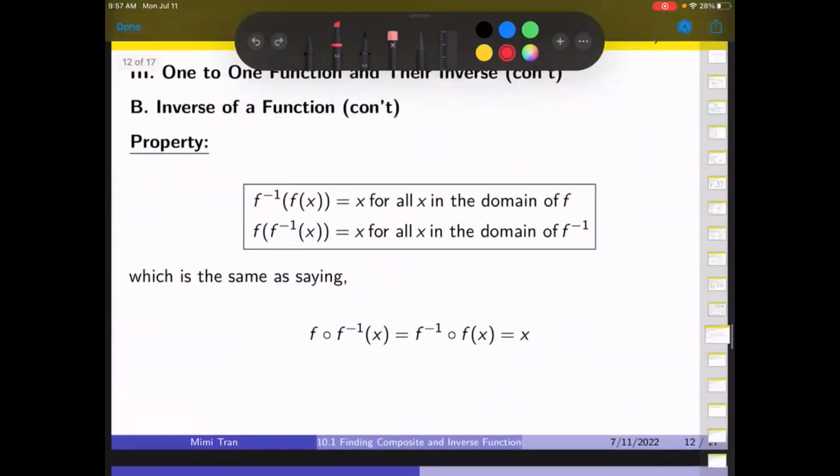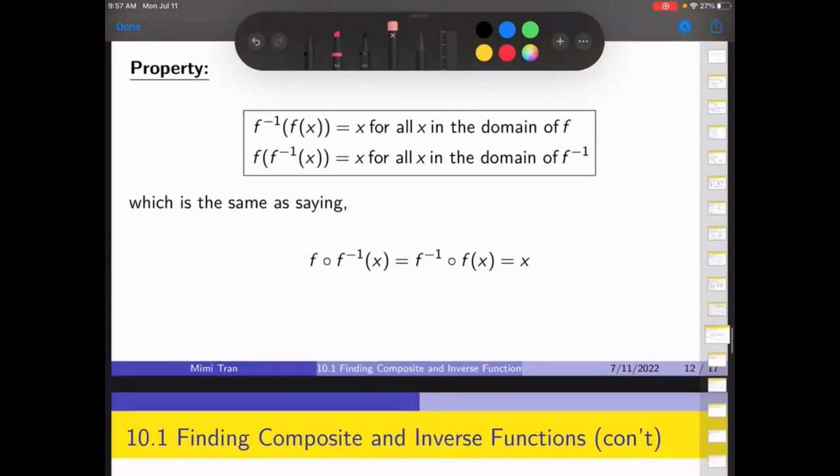If F and F inverse are inverses, then if you put F into F inverse, your result should be X. And the same thing, if you put F inverse into F, the result should also be X. You composite them together, and your final result is always X for every function they give you, as long as they are inverses of one another. So it is the same thing as saying F composite F inverse is equal to F inverse composite F.